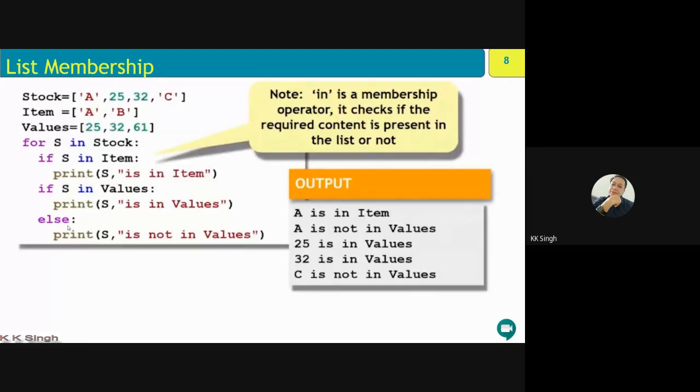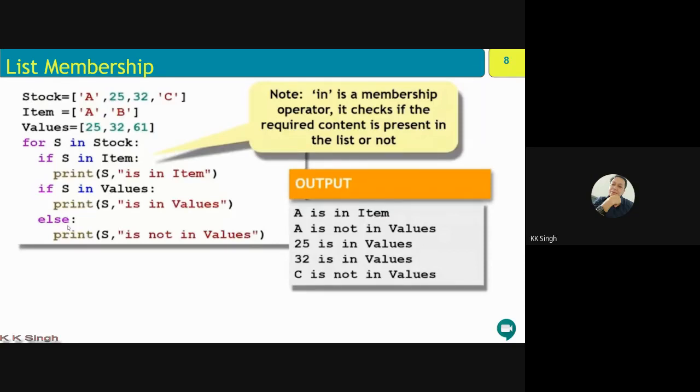One is stock, whose first value is A, second value is 25, third value is 32, and fourth value is C. So this is list one. The second list is A, B, the list of characters, and the third list is entirely a list of values, that's 25, 32, and 61. Now see the membership, how does it work?